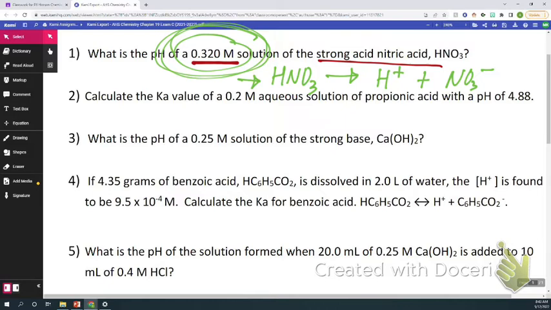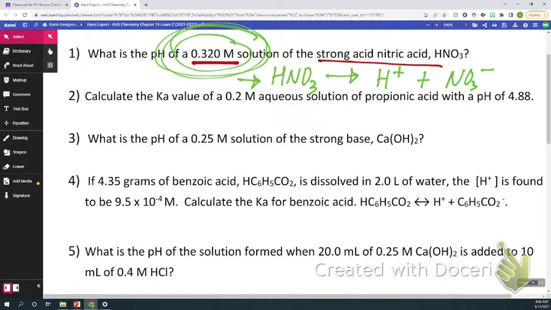If you start with 0.320 molarity of HNO3, you pretty much end up with 0.320 molarity H plus. That number is the H plus because 100% of HNO3 is going to break apart into H plus and NO3 minus. It's also the NO3 minus, right? If you had 1 million of those HNO3s, you end up with 1 million H pluses and 1 million NO3 minuses. So if you start with 0.320 molarity, you end up with 0.320 molarity.